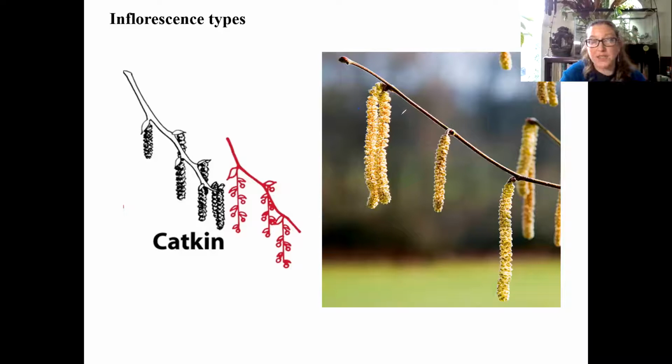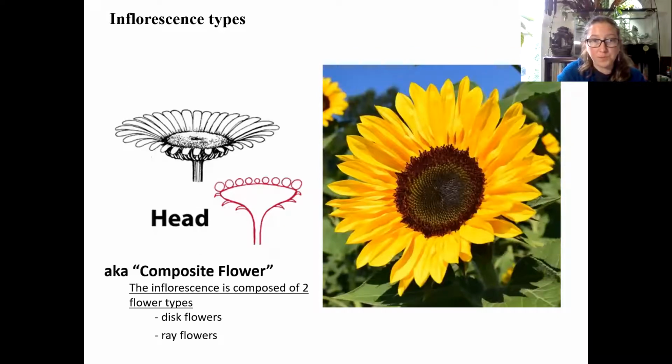It's a catkin because, remember, a strobilus is a stalk with leaves on it. In this case, this is a stalk with tiny flowers on it. From far away, yeah, it kind of looks like a strobilus. But if you were to examine it close up, you would see that there's tons and tons of little flowers all over this. Birch has this, willow has this. A lot of trees right now probably have this on them.